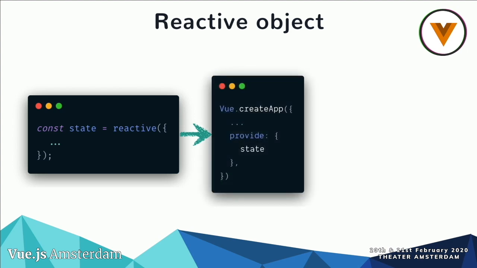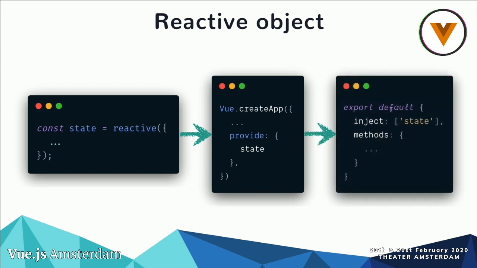We can provide it somewhere, even in the root component when we create an application. And then we can inject it somewhere in the component. And then if we change the state object, all the changes will be reflected in children components, which is really great. But as any simple pattern, it has a caveat.